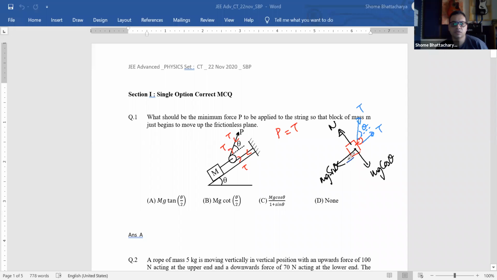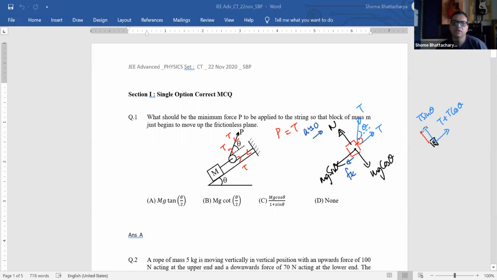So here we will keep this as kinetic friction, and the acceleration is just about tending to zero. So next step, you can resolve the forces, and so along this direction your net tension will become T plus T cos theta. Along this direction it will be T sin theta.